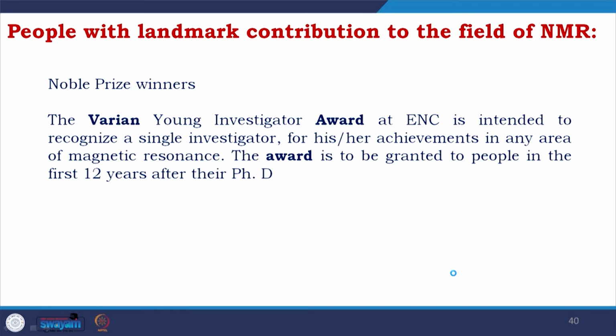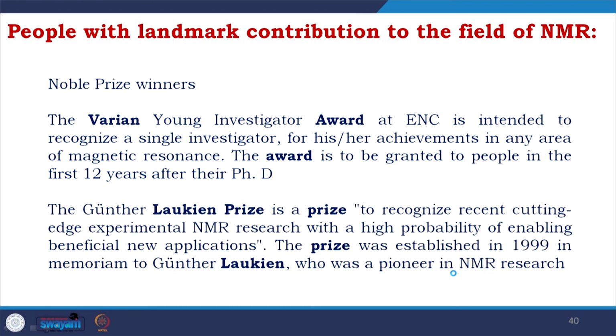One, the Nobel Prize winners. You all know about the Nobel Prize, so I am not going to define that. I will also take the names of very young investigator awardees, who got this award for their contribution in any area of magnetic resonance. The award is granted to people in the first 12 years after their PhD, so they are mostly young investigators.